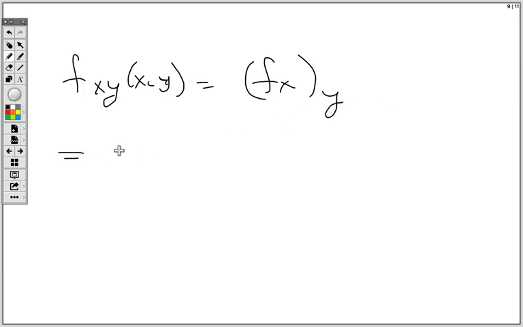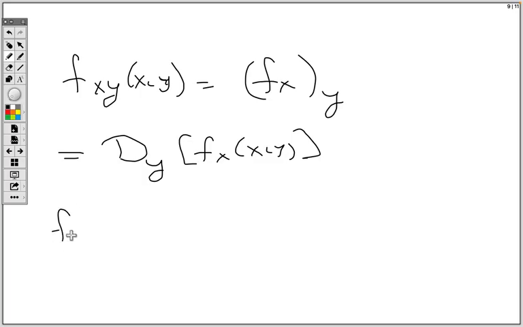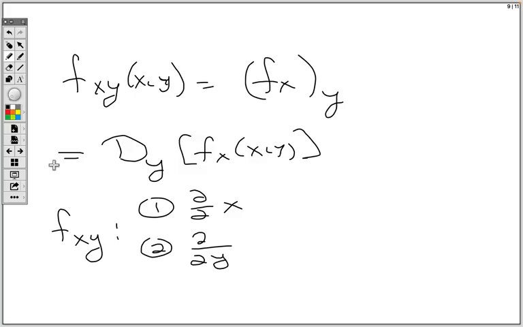In other words, this is the derivative with respect to y of fx. So when you see fxy, it means you first take the partial with respect to x, and then second, take the partial with respect to y.